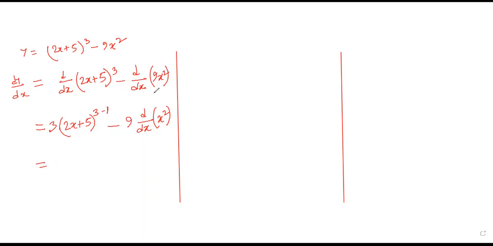That's why I have separated the 9. Okay, now. Sorry, I have skipped something here. We have to differentiate the base also. So now differentiate the base, it's plus 5.